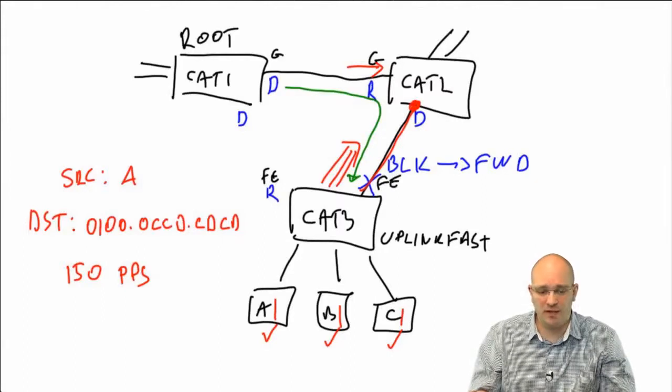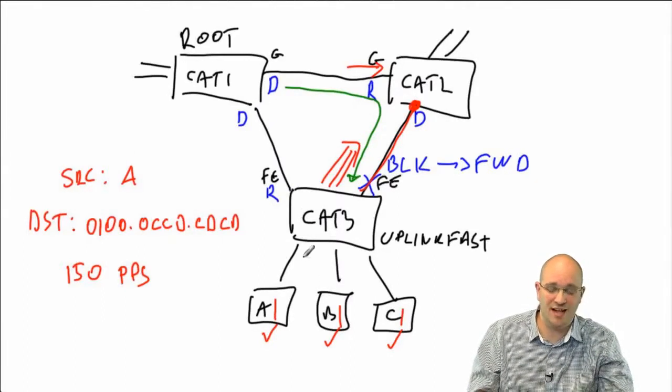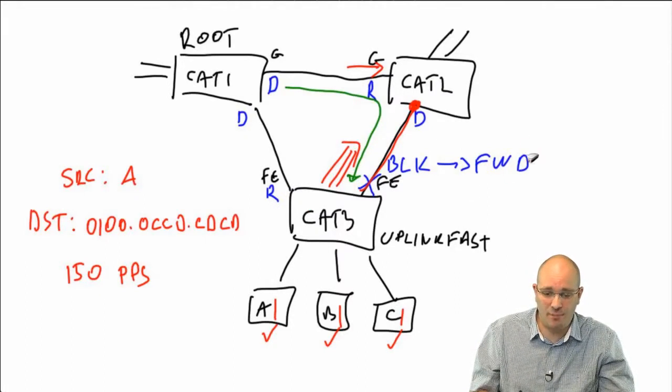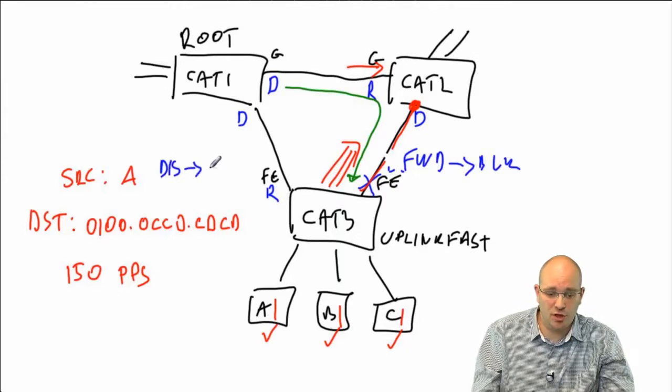When the link between Cat1 and Cat3 recovers, we are going to have a very similar operation happen. This interface is going to transition immediately from forwarding to blocking, and this interface is immediately going to transition from disabled to forwarding.